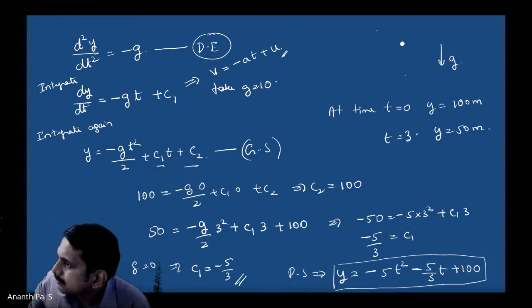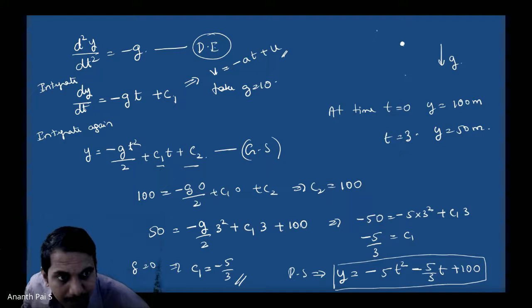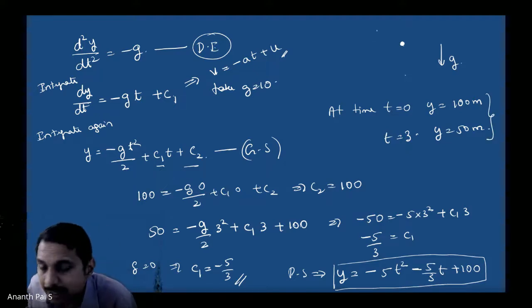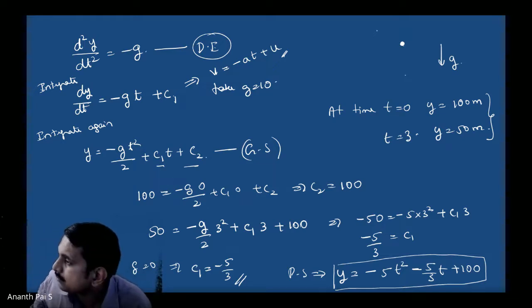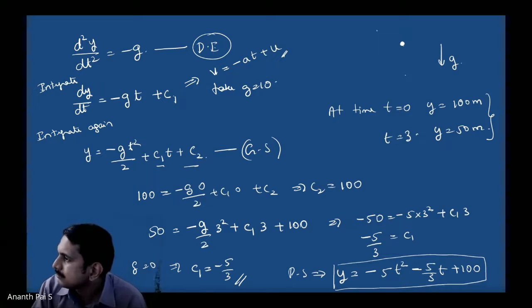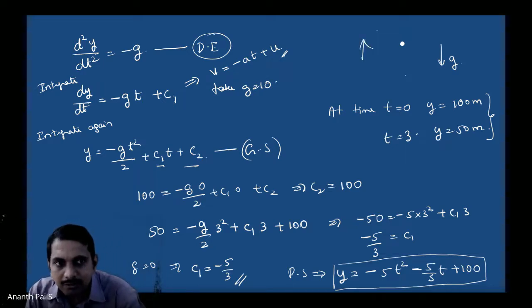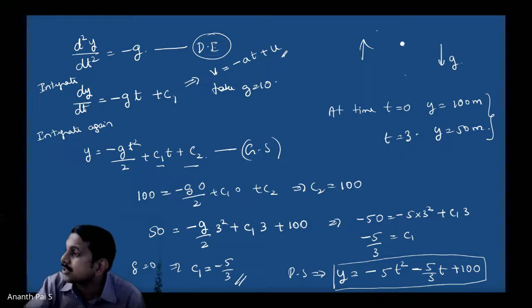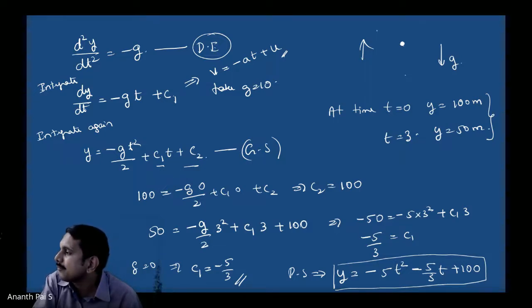So this stone, depending on these boundary conditions, has an initial velocity which is equal to minus 5 by 3. Means it is already falling with a velocity. This is the positive direction. We have taken minus g here. So it is already falling with a particular velocity of minus 5 by 3. It is not falling from rest.